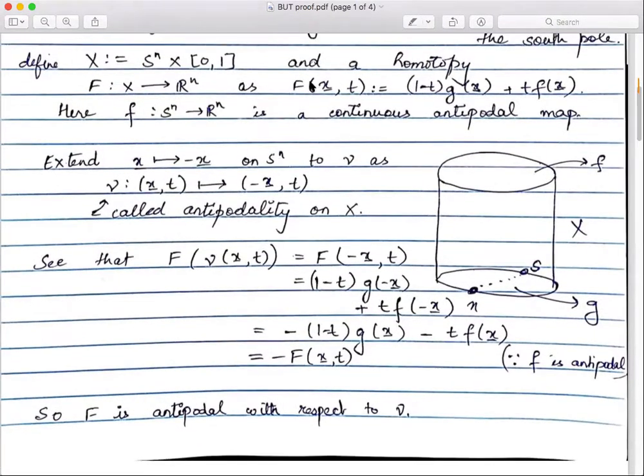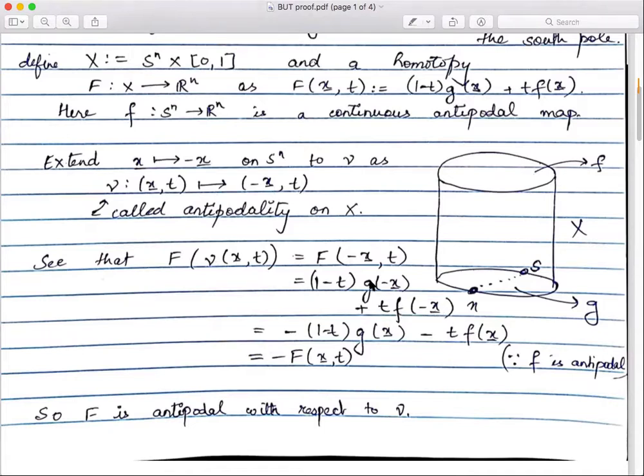The map which we have defined here, capital F, is (1 minus t) times g(x) plus t times f(x). If you notice what happens to F with respect to this nu, F of nu of (x, t) is going to be F of (minus x, t), because nu sends any point (x, t) to the antipodal of x and t remains unchanged. By definition, F of (minus x, t) is (1 minus t) times g of minus x plus t times f of minus x.